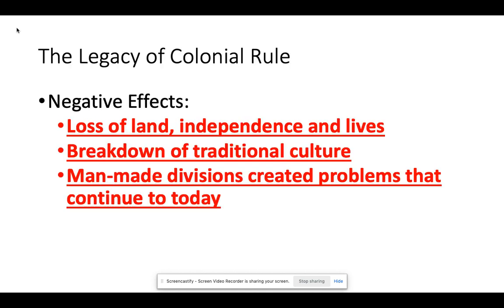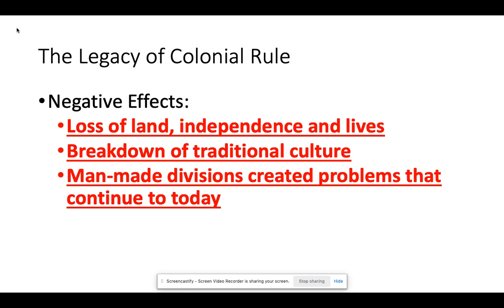So when we look at the legacy of colonial rule, the negatives and the positives, they're pretty much going to be the same no matter where we are. As you will see, I'm not specifically stating Africa under the legacy here for the negative and positive effects, because it doesn't matter whether we are in Southeast Asia, Africa, India, China, no matter where they go, we are going to see the same thing.